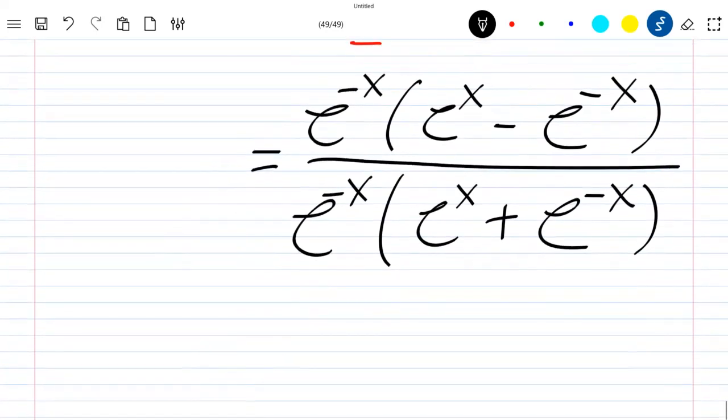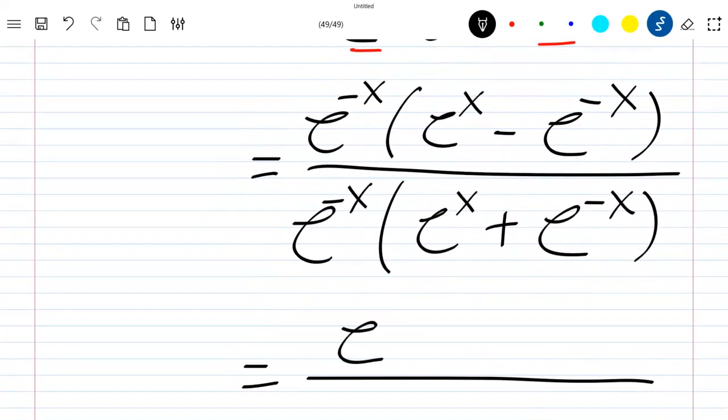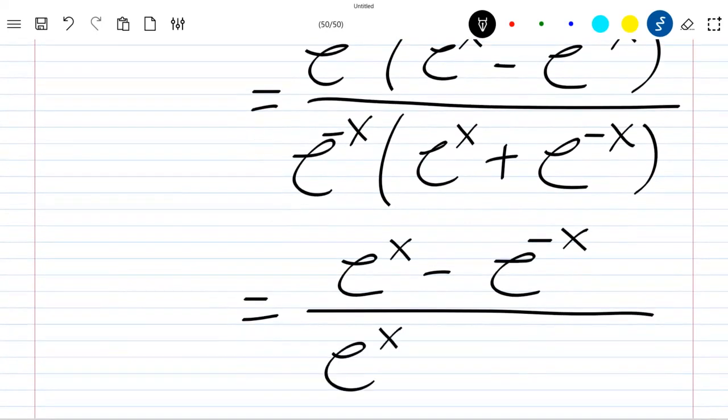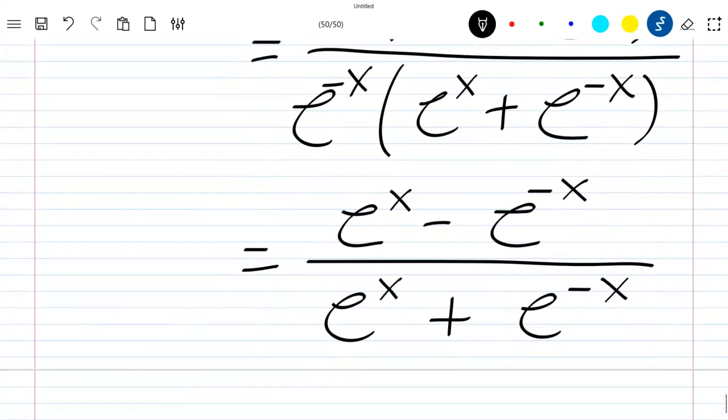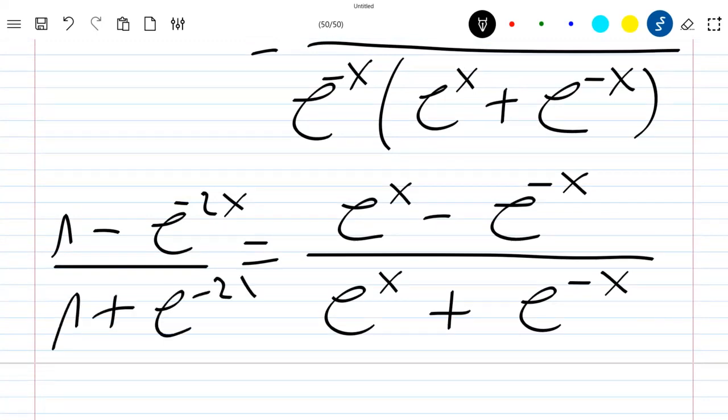And if we simplify this, we'll just have exponential x minus exponential minus x divided by exponential x plus exponential minus x. So we just showed that 1 minus exponential minus 2x divided by 1 plus exponential minus 2x equals this. So we just showed this equality using two signs.